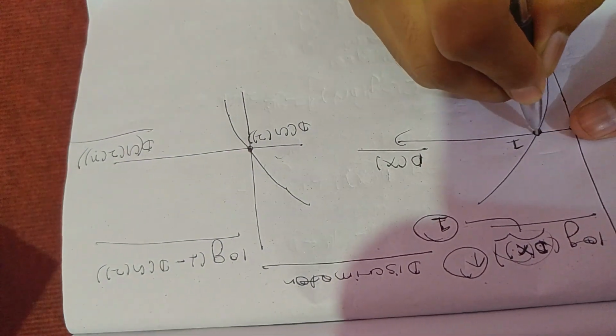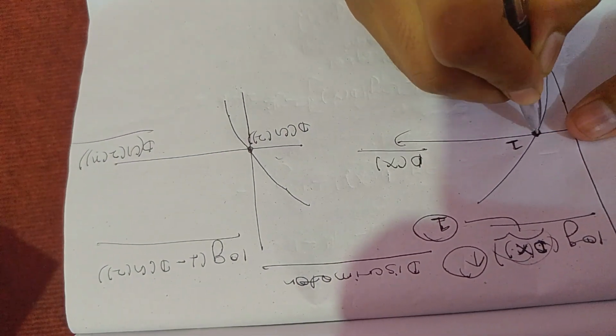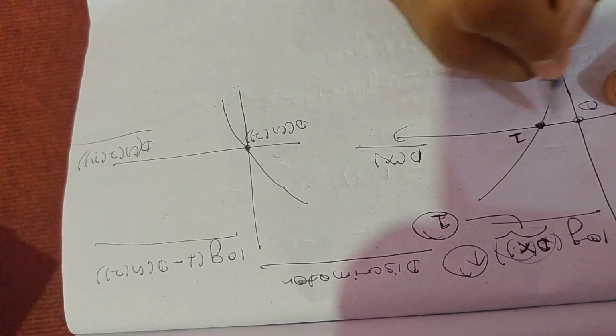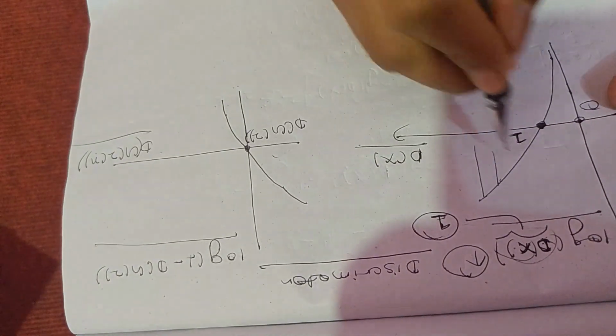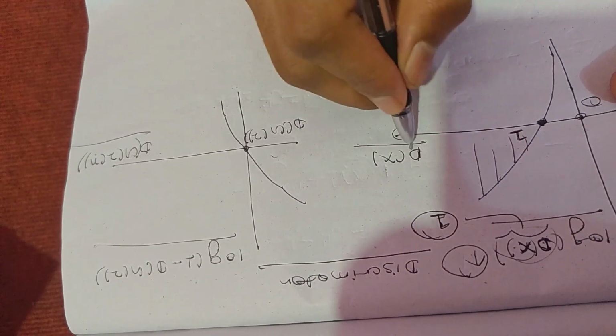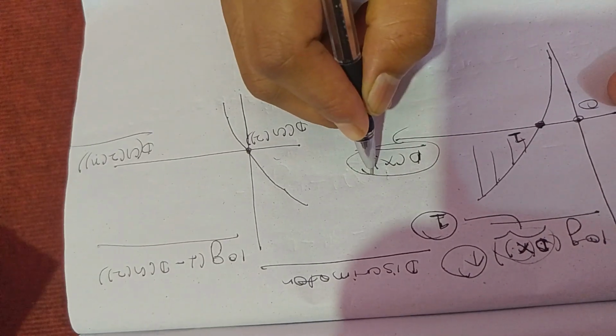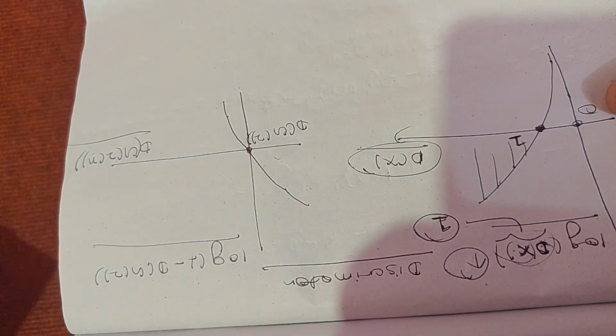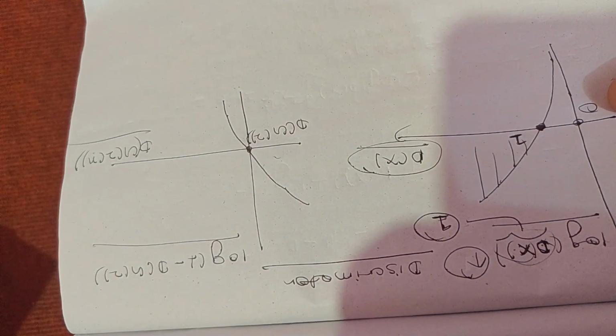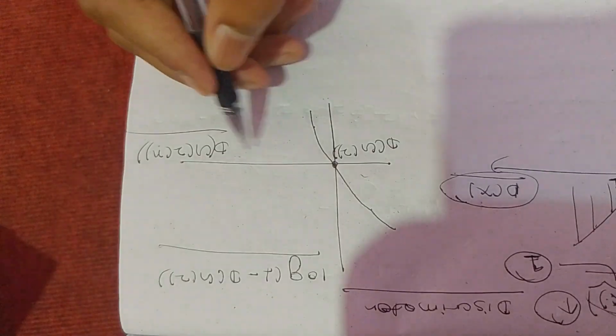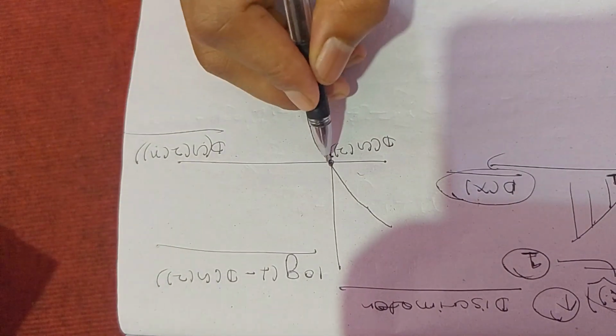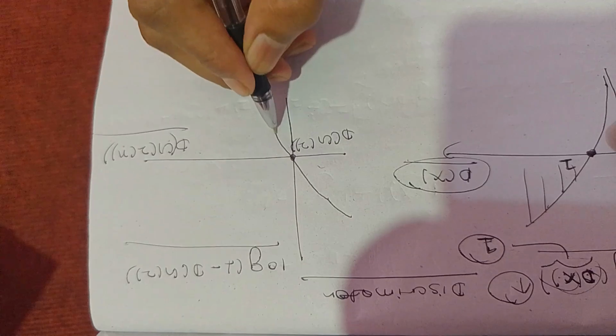Because this is a probability, it can't exceed 1, and D of G of x is also a probability, so it can't exceed 1 either.